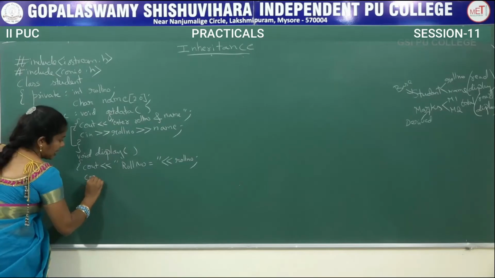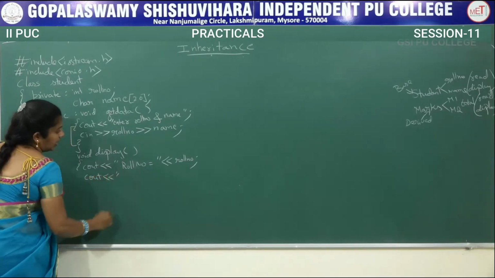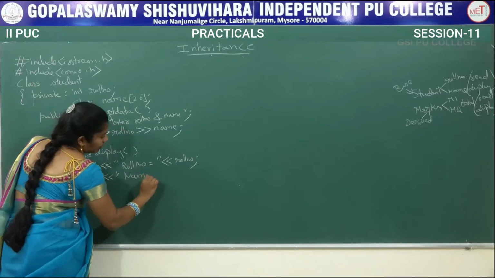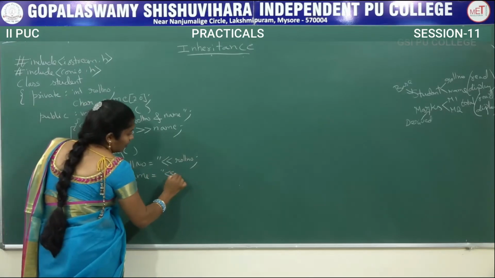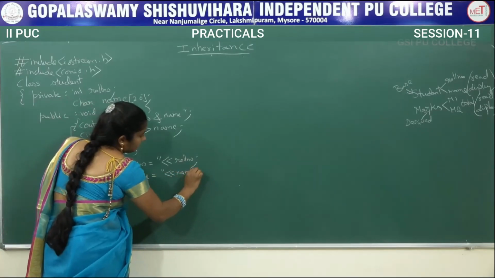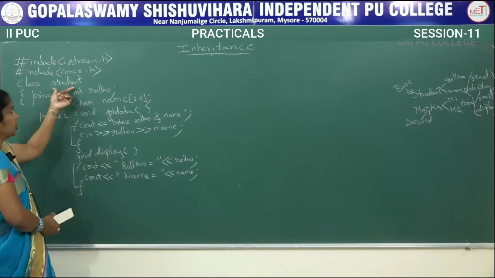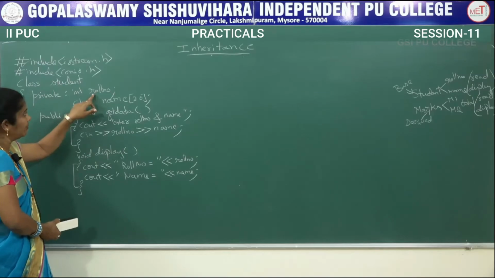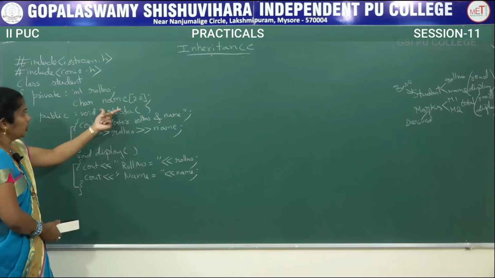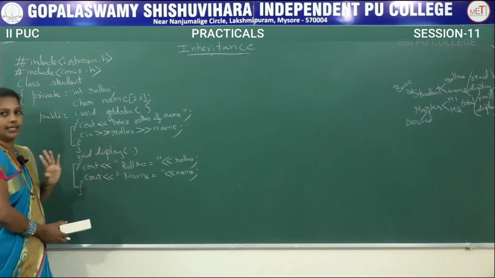Then next cout name equals, then display the name value. Then close this function. Whereas student is a base class, here two data members, roll number and name. These two data members, here I input and here I displayed.